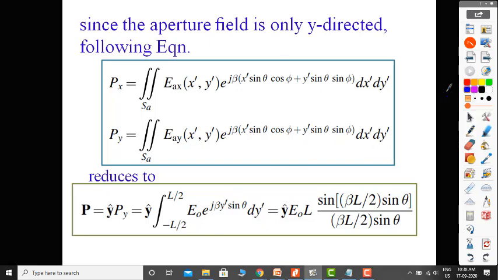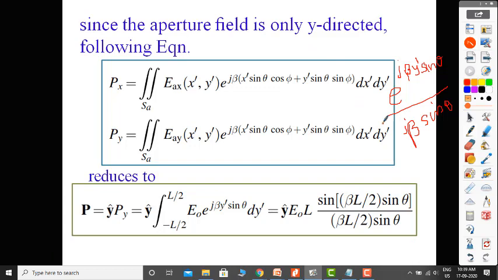When you take the integral, it becomes e raised to j beta y sin theta divided by j beta sin theta. Now apply the upper and lower limits. The upper limit is L by 2 minus the lower limit, minus L by 2.